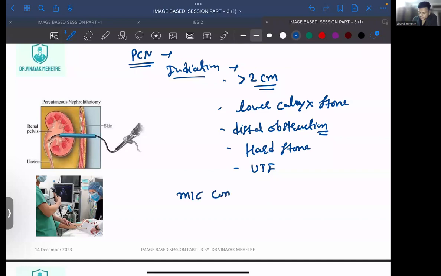Most common complication will be, what do you think? We are going to insert a probe from the skin which is going to go inside the kidney. So what can we have as the most common complication, of course, bleeding. It is going to stay as bleeding.